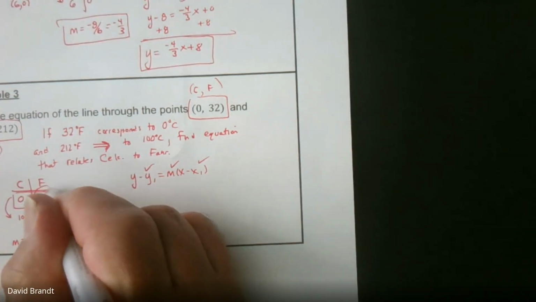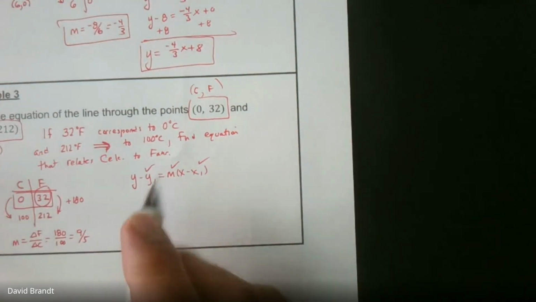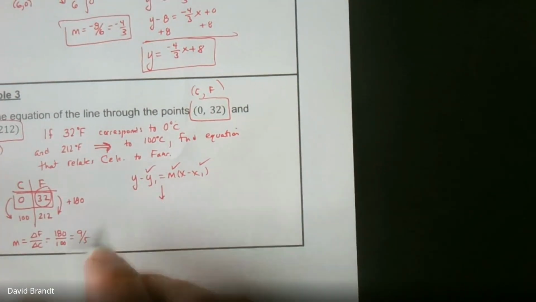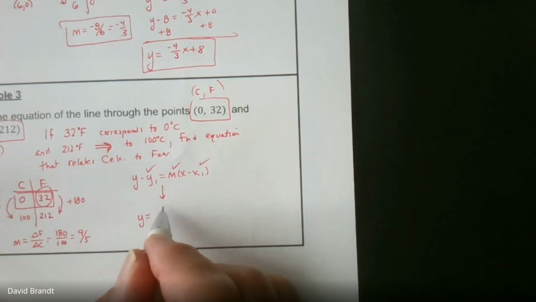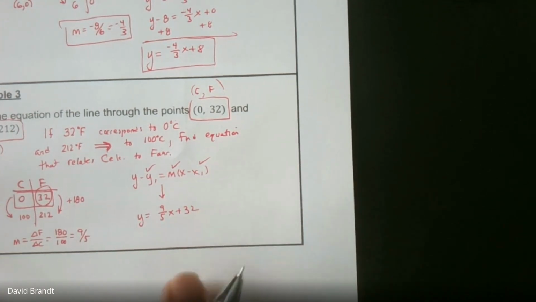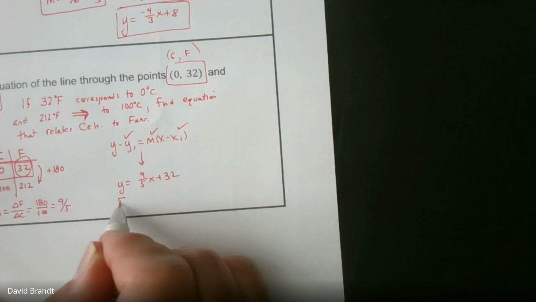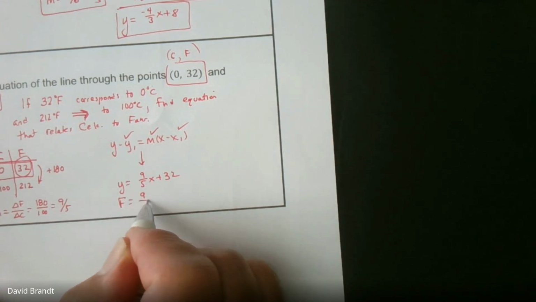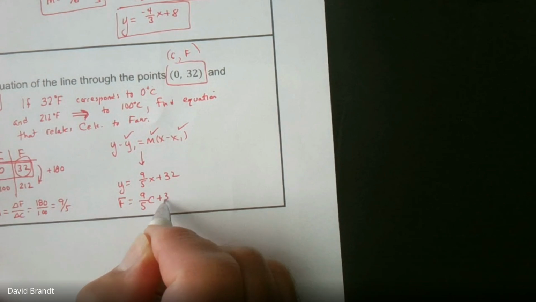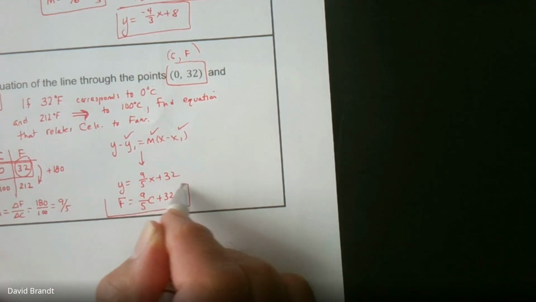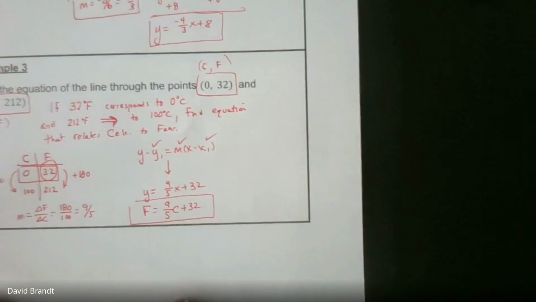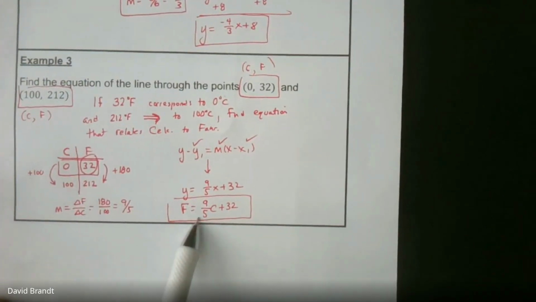There's my y-intercept right here. So we can take a shortcut and write y equals 9/5 x plus 32. But again, we use different letters. And if you remember, y is Fahrenheit, x is Celsius. There's the equation that relates Celsius to Fahrenheit.